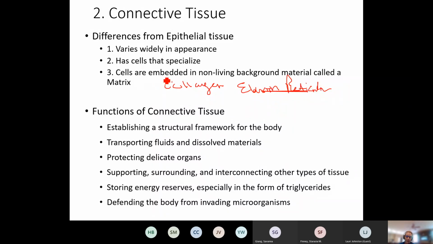standardized or our normal connective tissues, we expect the presence of these fibers. When we start getting into our specialized connective tissues, there might not be any of these fibers, as in the case of blood and lymph. There also might be different cells that you don't see anywhere else, and that's the chondrocytes for the cartilage, the osteocytes and osteoblasts and osteoclasts for bone.